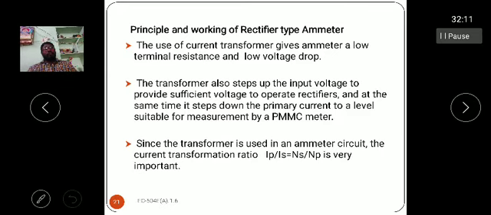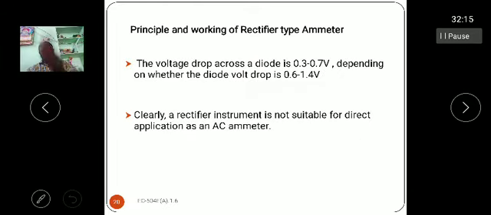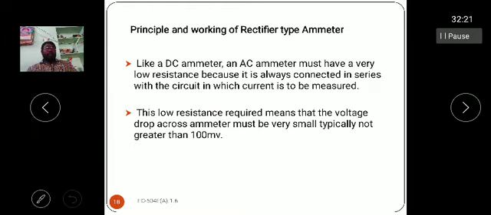This is the ratio. Here, again I am repeating this concept: the ammeter must have very low resistance because it is always connected in series with the circuit in which the current is to be measured.